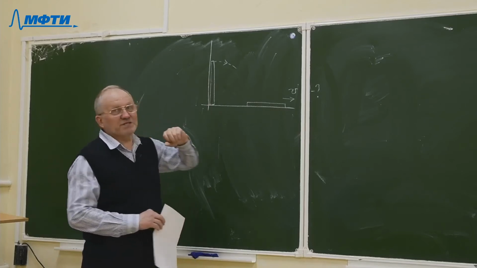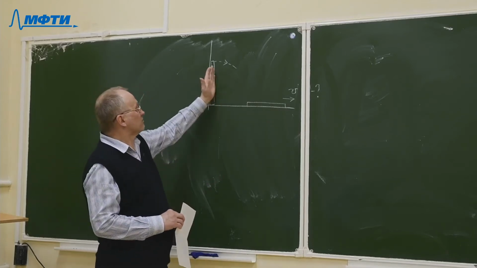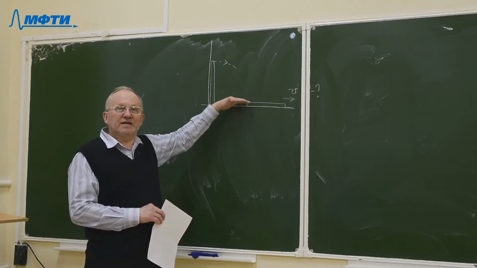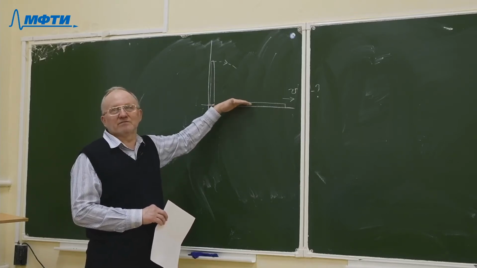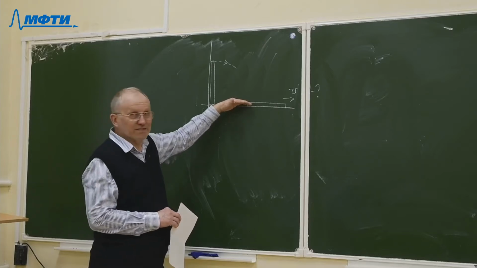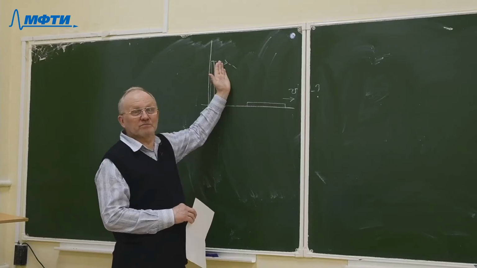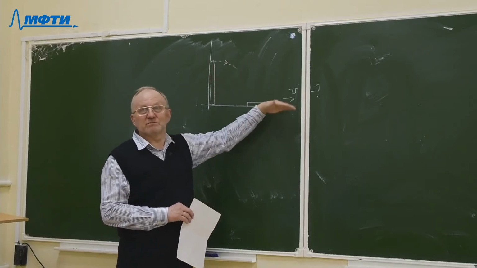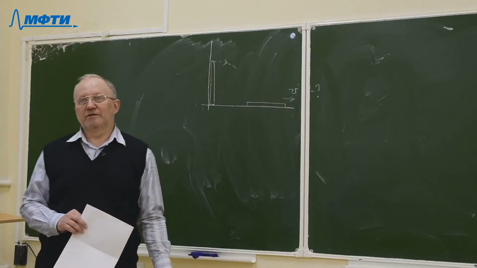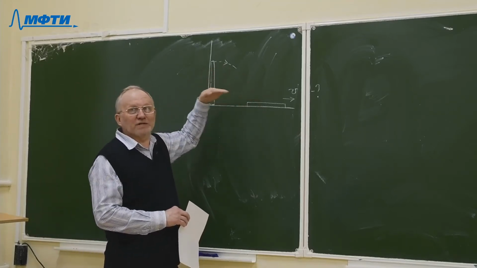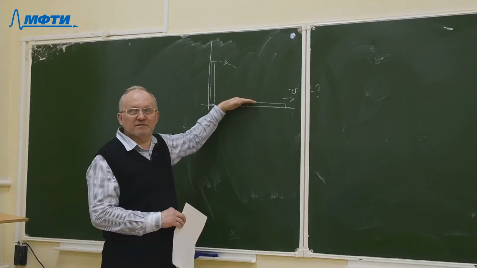Also, it's important to understand that when the plate hits the floor, this impact is absolutely inelastic. If it was elastic, then the plate would hit the floor and jump up, and then again hit and jump. Nothing like that happens here. So when the plate hits the floor, this is absolutely inelastic impact.